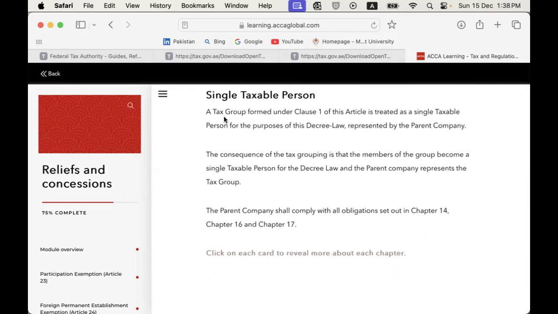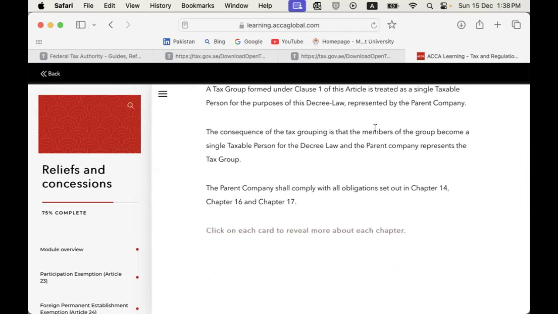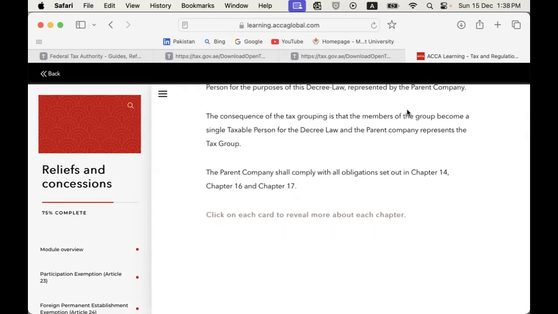Single taxable person. A tax group formed is treated as a single taxable person for the purpose of the decree law. And there is a matter of representation. So the parent company represents the tax group. There is always one person who has to be established as the responsible person or representative person.